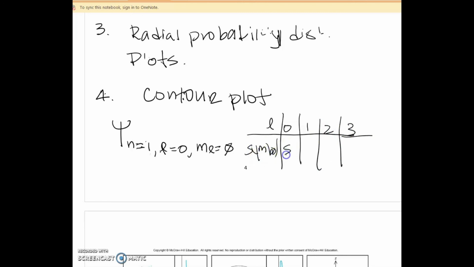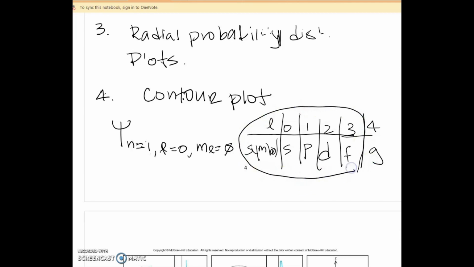So 0 would be s, 1 would be p, 2 would be d, and 3 would be f. Theoretically, you can have a 4, which would be g, but these are the ones we focus on. A lot of you have already learned these when we learned about electron configuration. Remember when you did the 1s2, 2s2, and so on? So here is where it comes from.